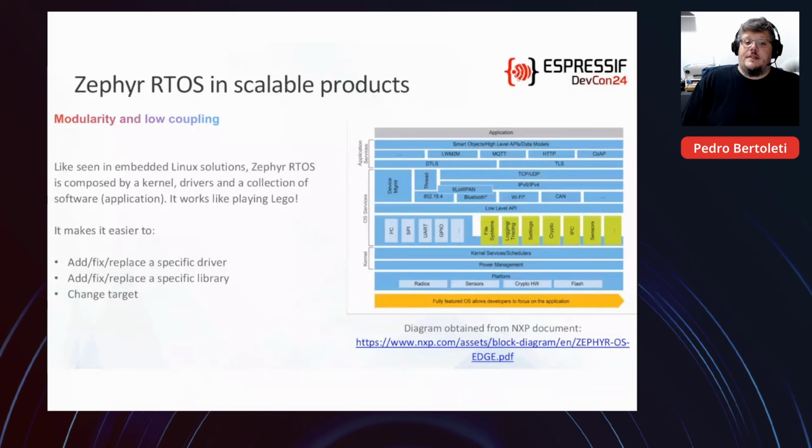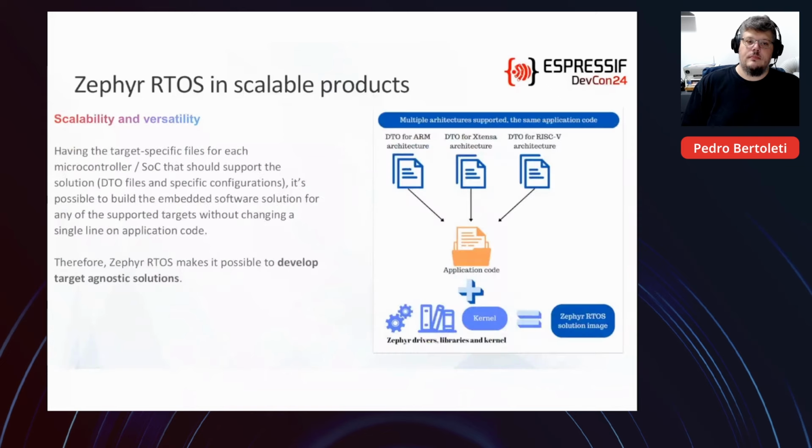It makes it very easy to add, fix, or replace drivers and libraries, and also very easy to change target without harming your product as a whole. So modularity and low coupling are very welcome features, and Zephyr RTOS can provide them.